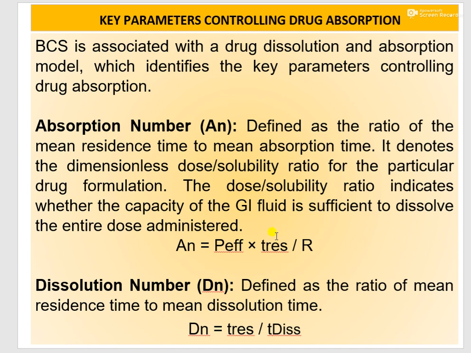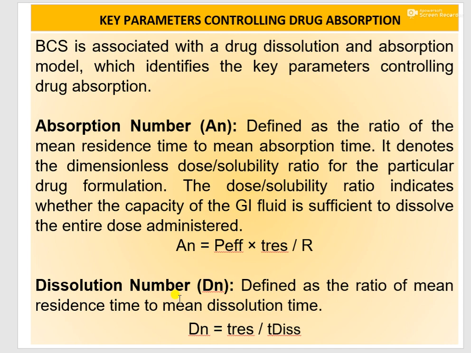The equation is AN equals Peff into T res upon R, where Peff is effective permeability, T res is residence time, and capital R is the intestinal radius.